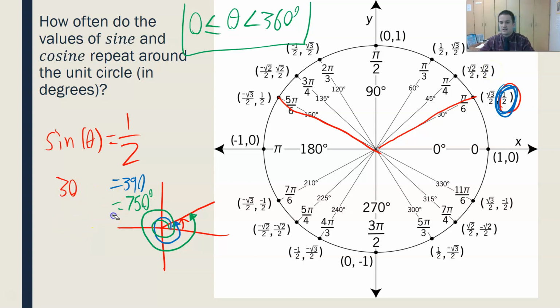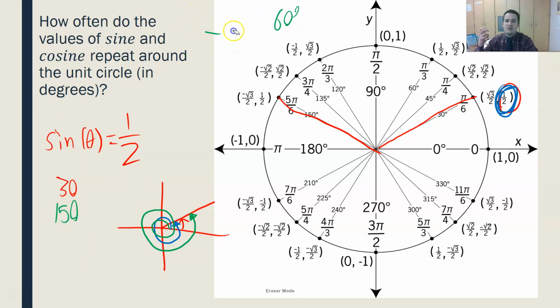But if I didn't give you a boundary, those aren't the only angles that would give me a sine value of 1/2. I could take 30 plus 360, or 30 plus 360 two times, or three times, or 4 times, or 5 times. I can go as many times around the circle as I want.